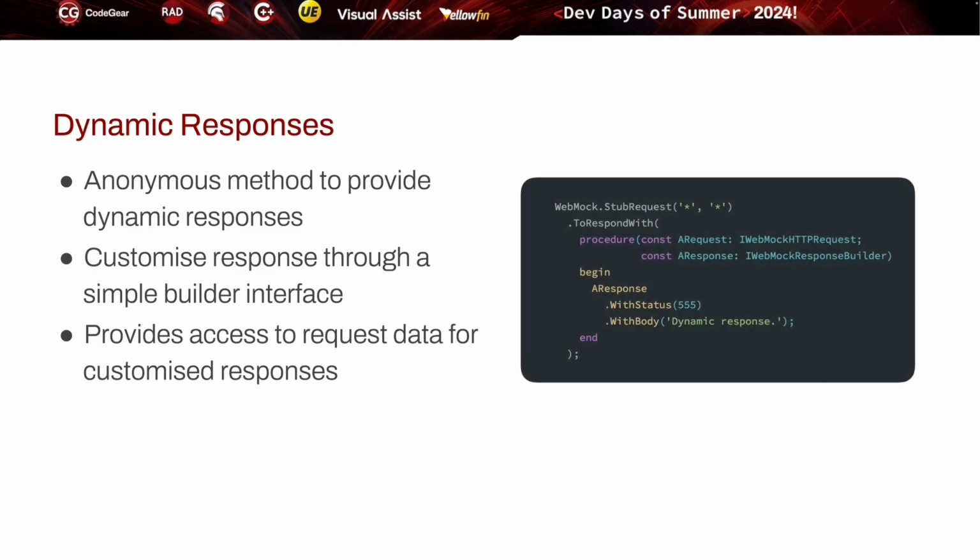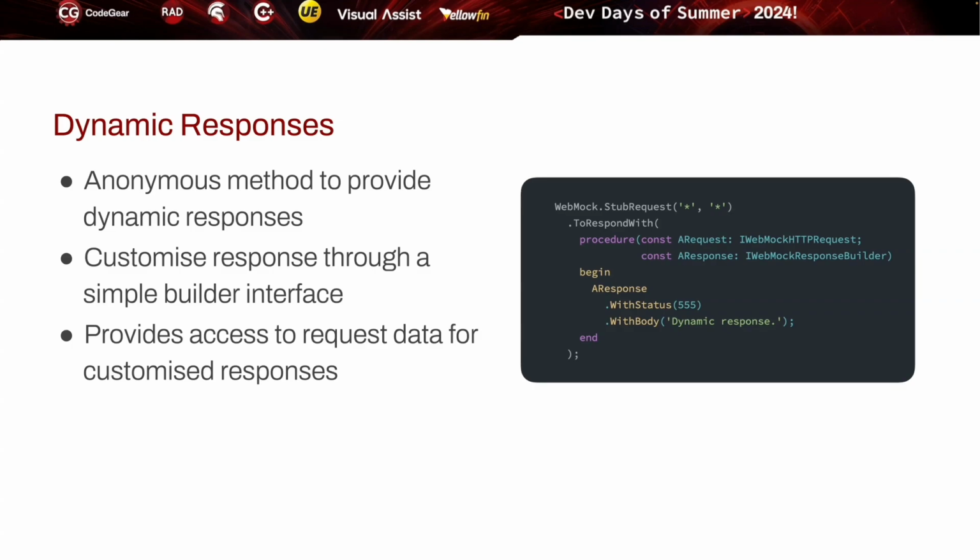And this is what it looks like. You can see that the WebMock stub request is the same, but instead of just saying Respond, you say RespondWith, and then you define inside that an anonymous method which has a procedure with two arguments: a request, which is an IWebMockHttpRequest, and a response, which is an IWebMockResponseBuilder.